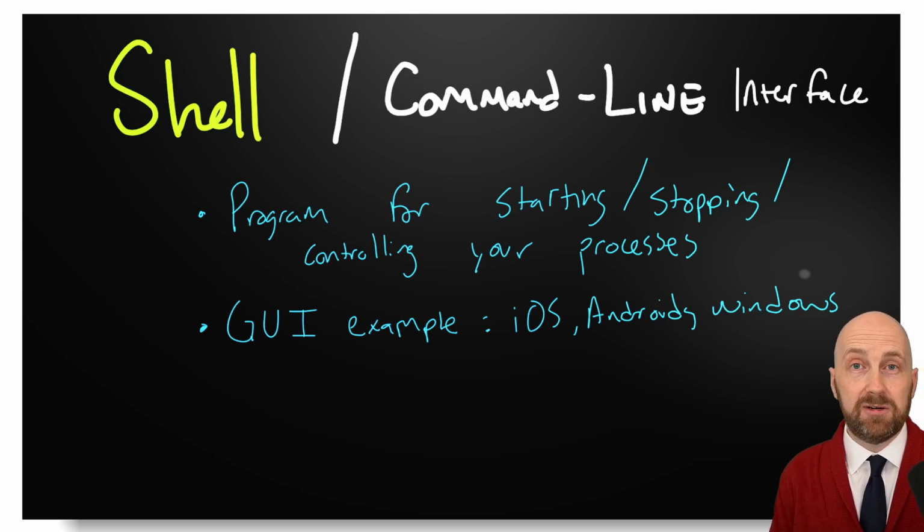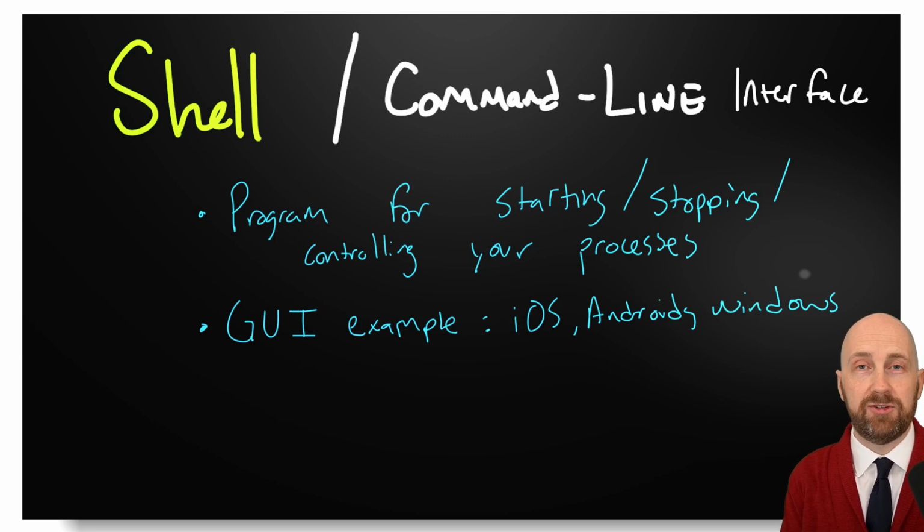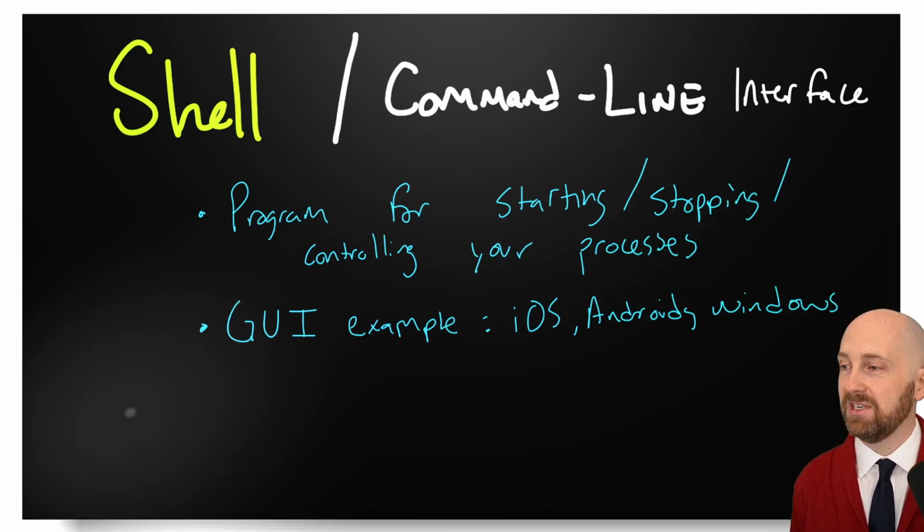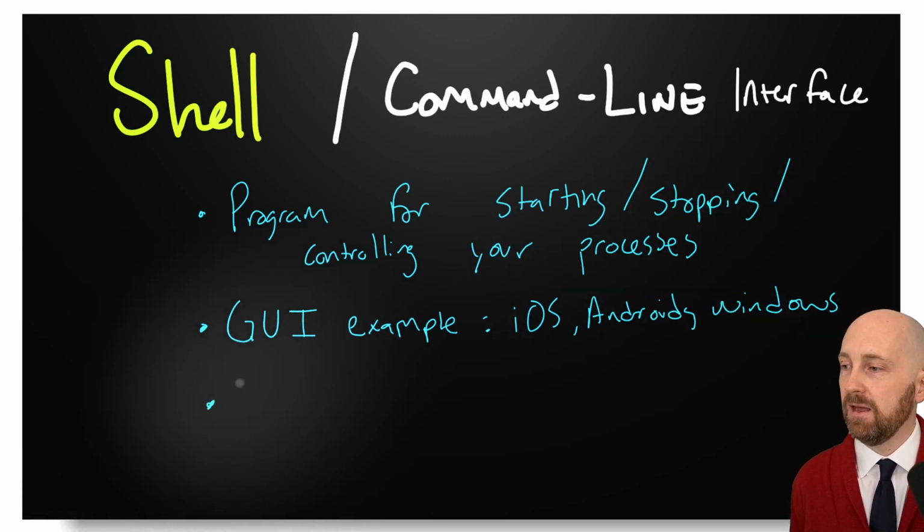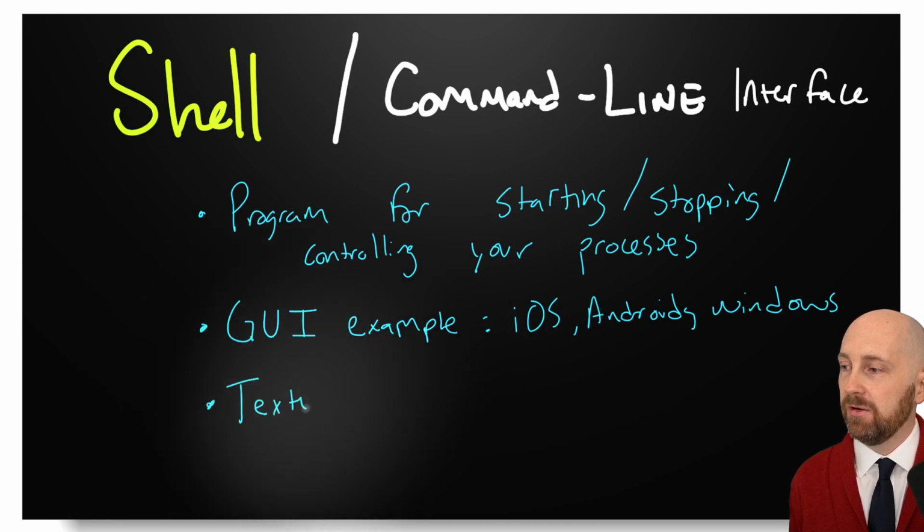Well, it turns out there's another popular kind of shell, which is a little bit older than a graphical user interface shell, which is a text-driven shell or a textual shell. And we call these command line interfaces.